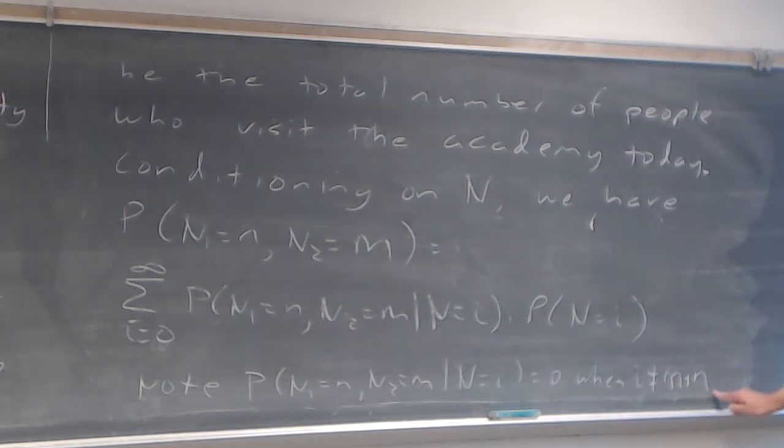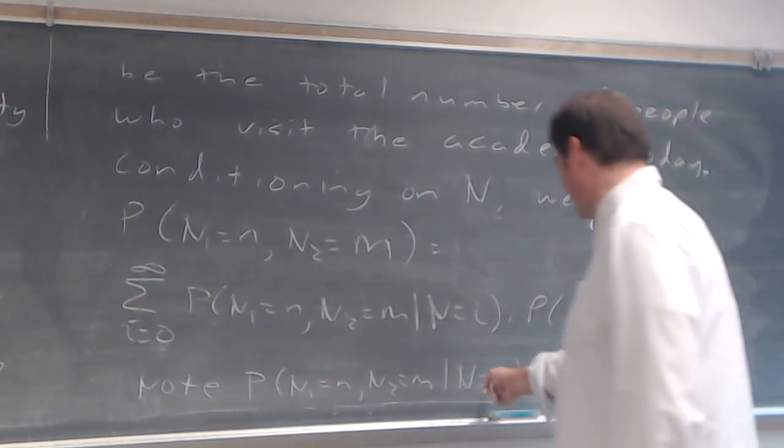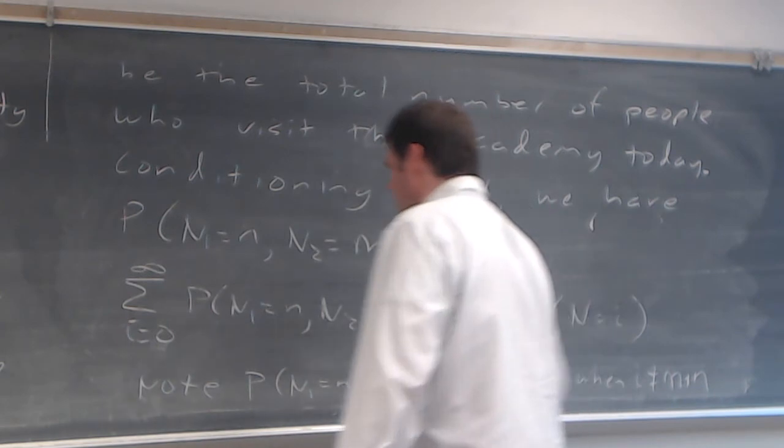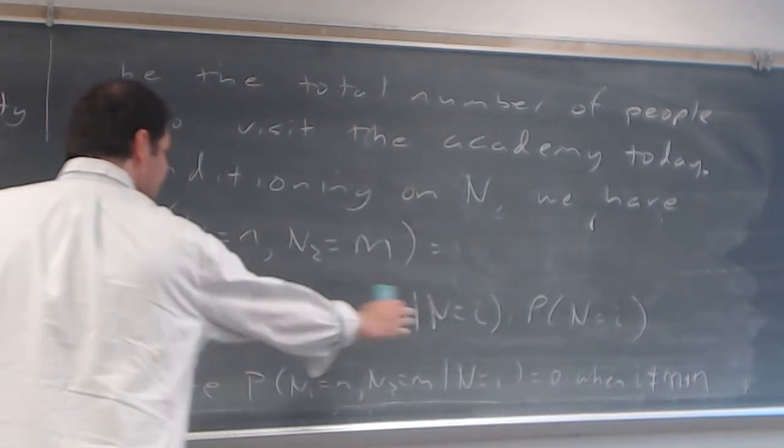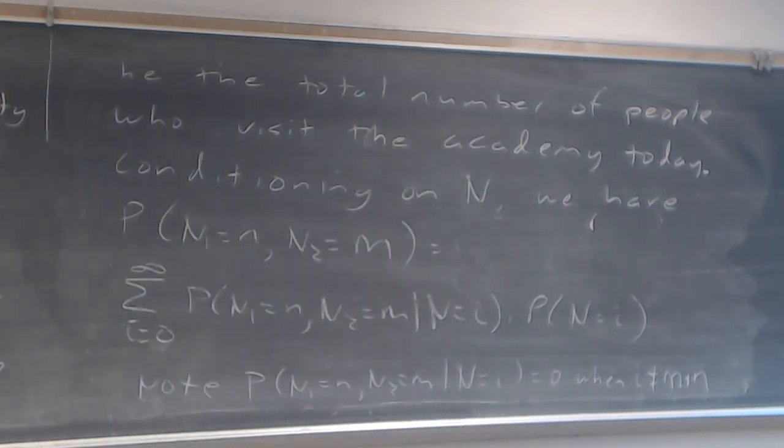So the sum of these has to be equal to the big N. So this sum here really just has one term that's non-zero.